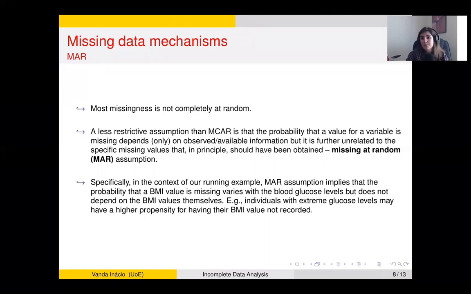So in our BMI glucose example, this means that, for instance, those subjects who have very high blood glucose levels may be more prone to have their BMI missing. So the probability that a BMI value is missing is related to the glucose levels.